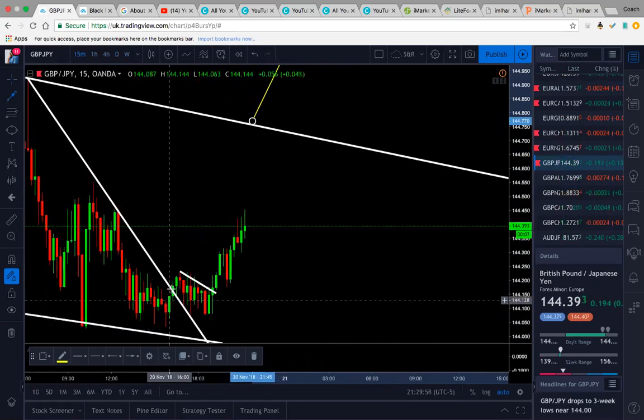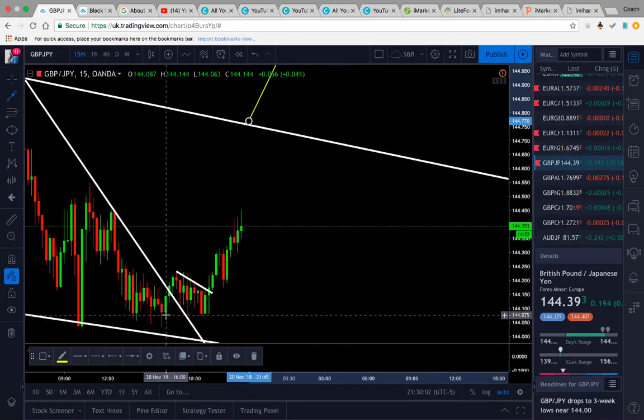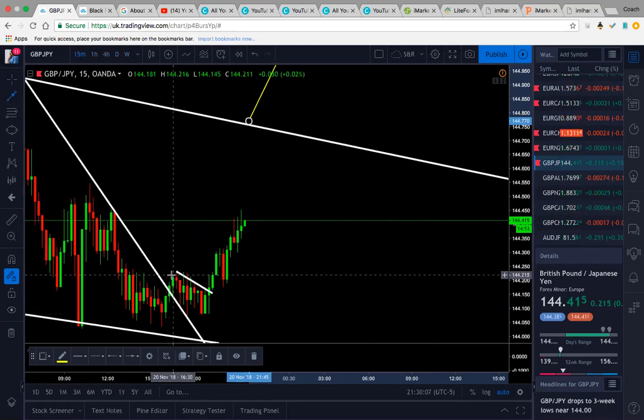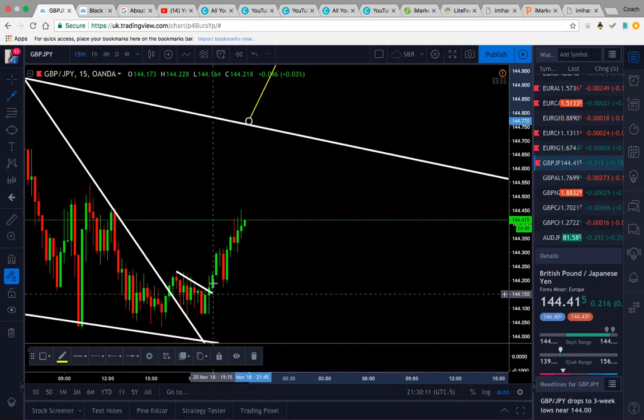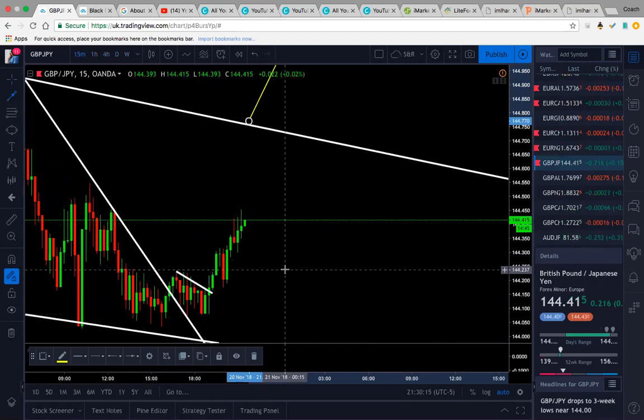This is where you have a strong move to the upside, right? So think of it as a guy running. So the guy is running, and then he takes a break, he rests for a bit, and then he continues to run some more, right? So that's the simplest way of explaining what impulse, correction and continuation means, right?